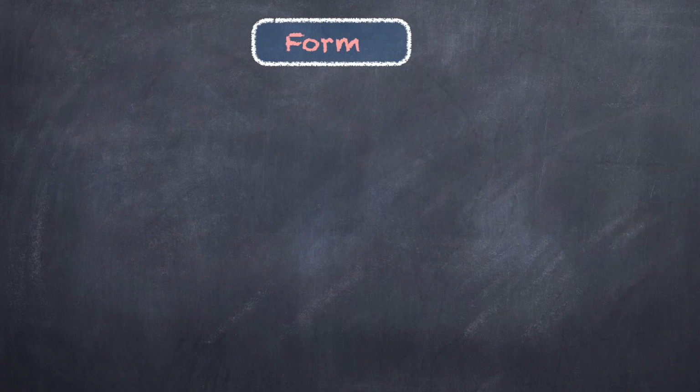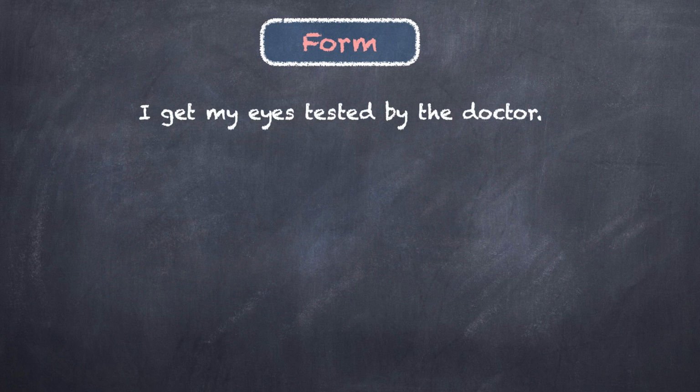Now let's have the form, and we'll use this example to come up with the form. I get my eyes tested by the doctor. Now we have the subject I, then the verb get, then my eyes tested by the doctor. These elements will lead us to the form of the grammar rule.